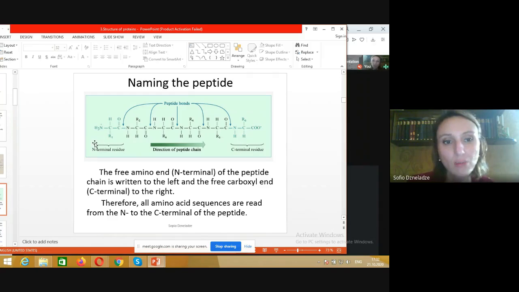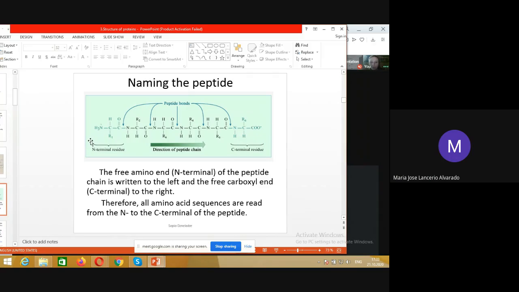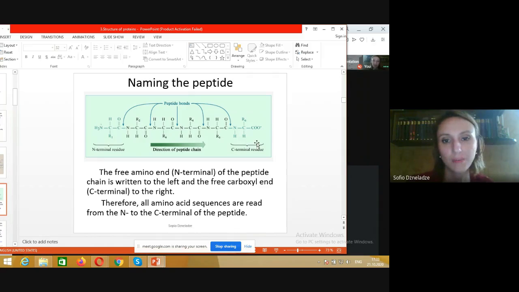So direction comes when we want to name this polypeptide chain. We need to start from the N residue, for example alanine, valine, leucine, isoleucine, etc., till the end, glycine, for example. So we need to start from the N terminal to the C terminal.